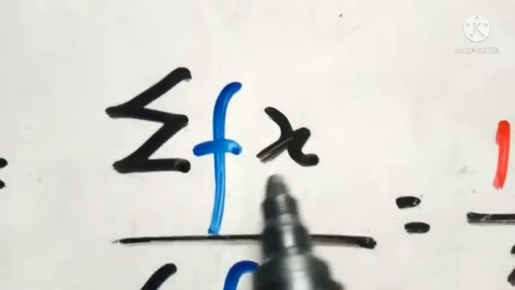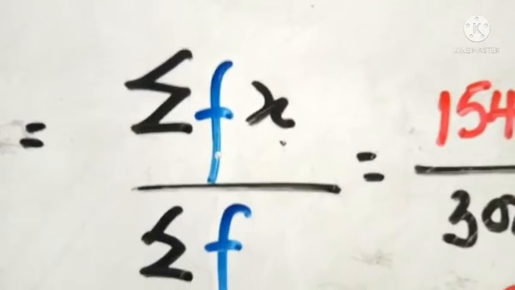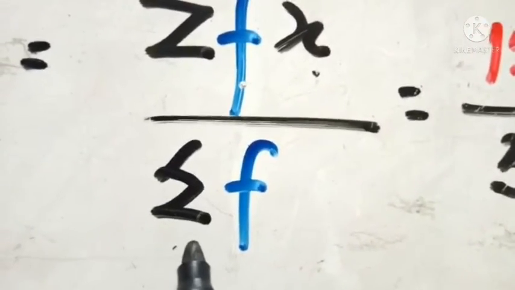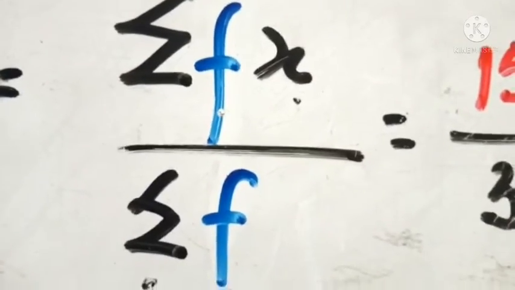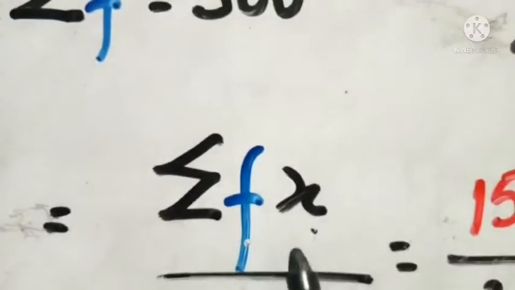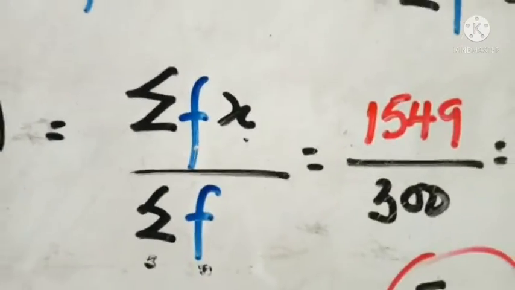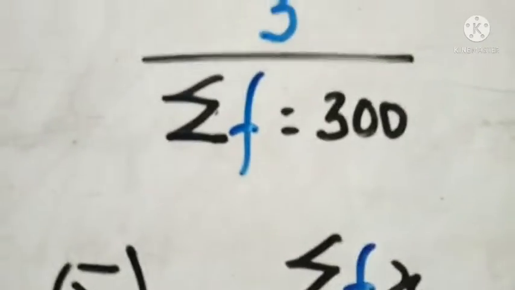We have fx first, meaning that f is multiplying x, right? And then down here you have only f, the summation of f. Let's add all the f, right? Add all the f. Here you are going to add the fs. Now, do you know f? Of course you know f. So here is f, right?